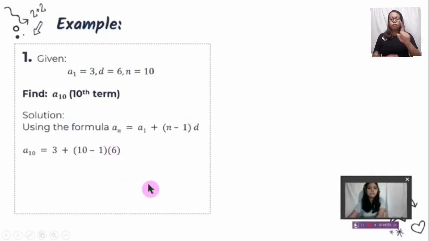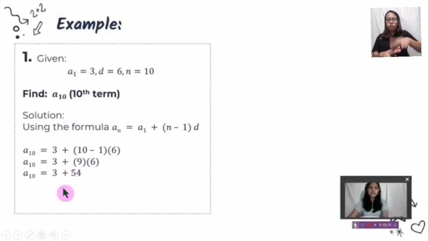Now, we need to simplify the parentheses. So, 10 minus 1, that is 9. We now have 3 plus 9 times 6. By MDAS, we need to solve first 9 times 6. So, 9 times 6, that is 54. Plus 3, so our a sub 10 is 57. This means that the 10th term of the given is 57.